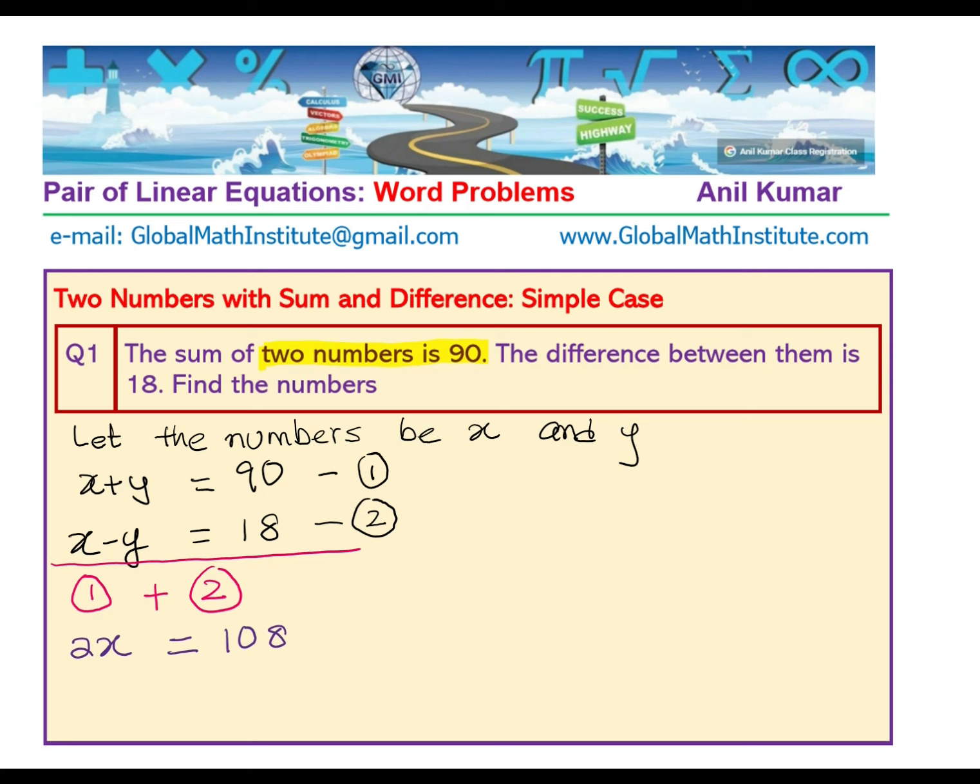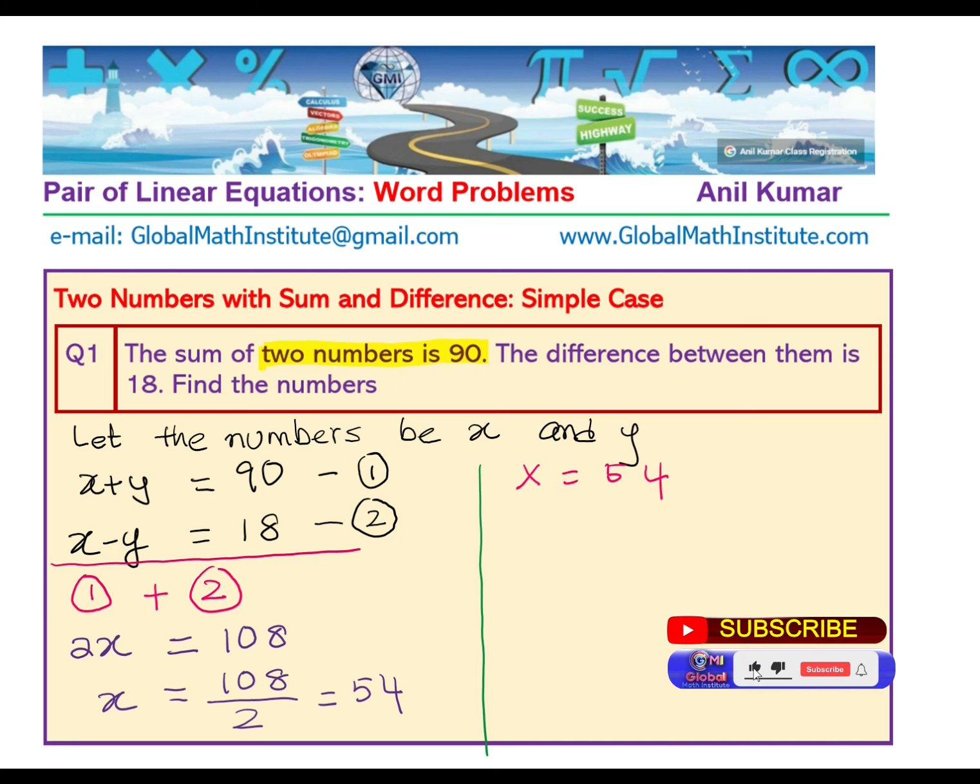And therefore, we get the value of x equals half of 108, which is 54. So we have found the first number, x is equal to 54.